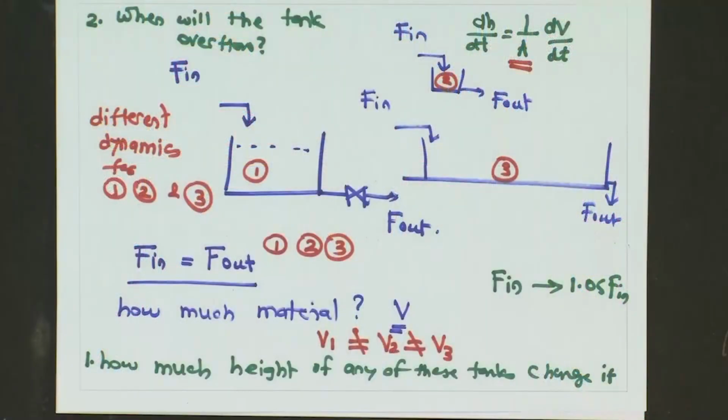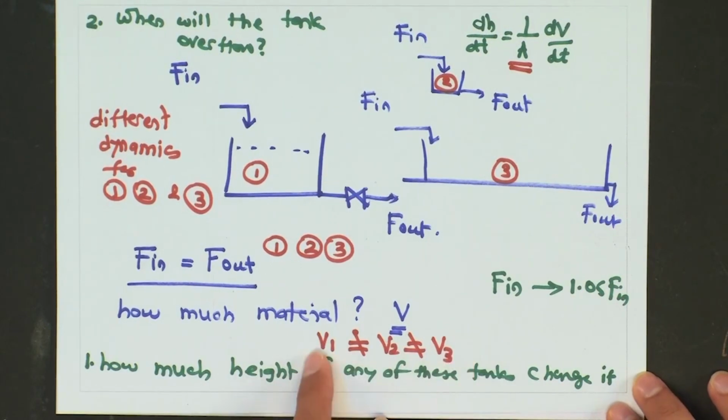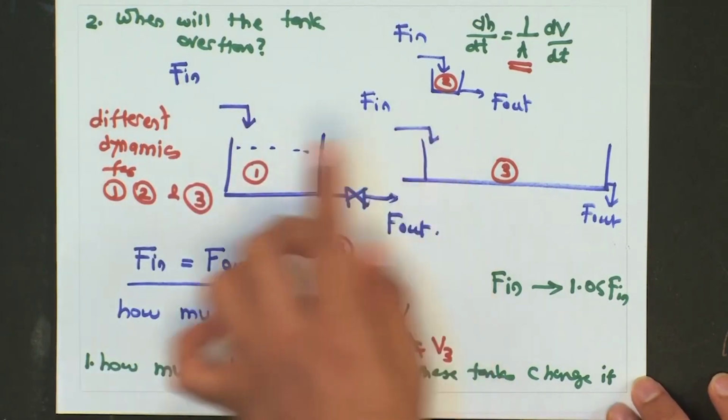So, we have seen that dynamic modeling gives us additional information than steady state modeling. Specifically, it tells you additional system variables, for example, volume of the tank, which was not apparent from the steady state modeling. And the second thing, it also tells you the speed of response of the system.